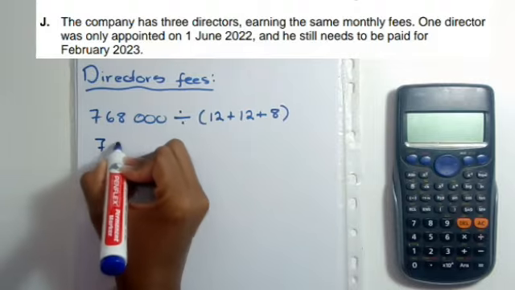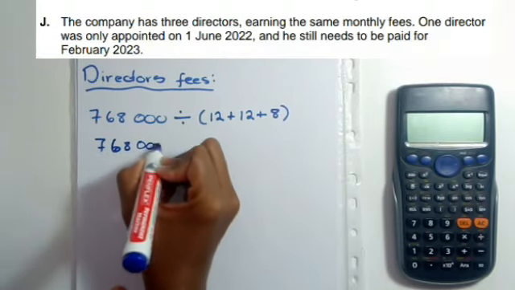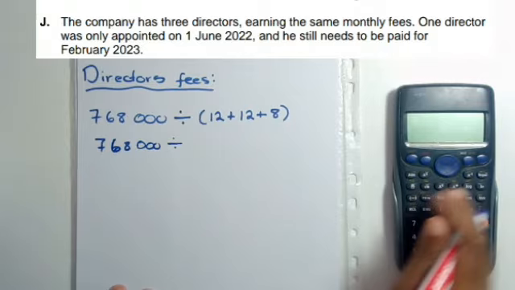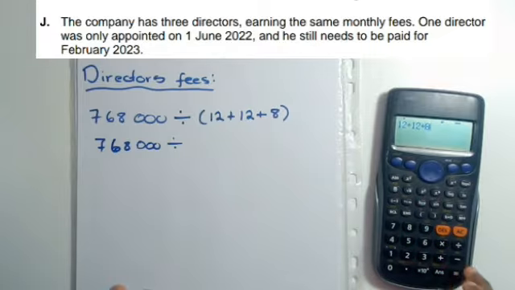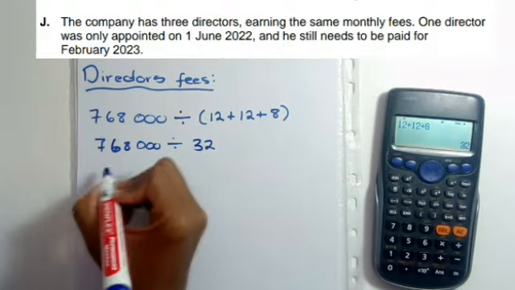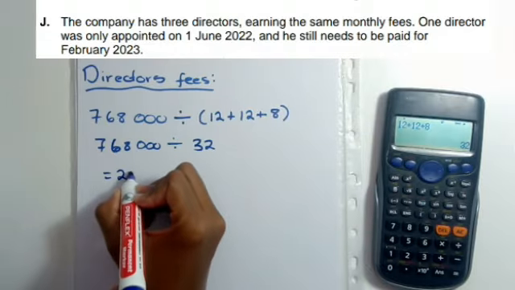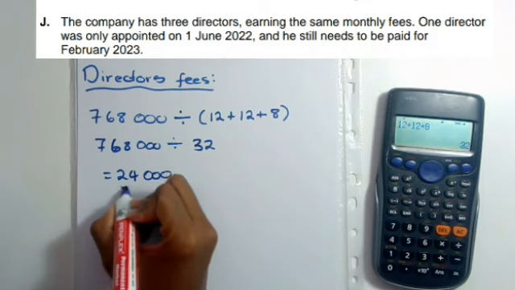So that means that this 768,000 will now be divided by 12 plus 12 plus 8, which is 32 months, and it's going to give me a total of 24,000 rands.